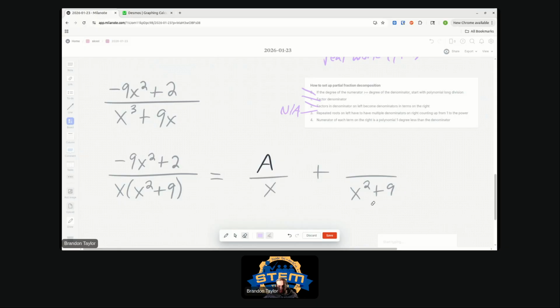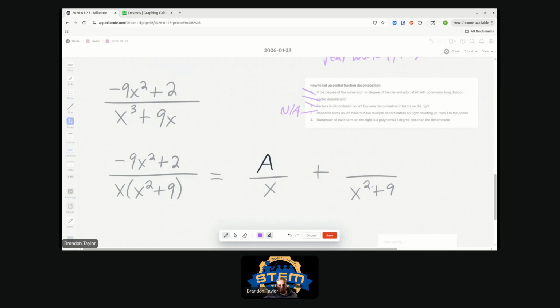And this one, what's this? A 2nd degree polynomial. So previously, we haven't really dealt with this before. Everything we've dealt with is like a 1st degree polynomial. This is the first time we're dealing with a 2nd degree polynomial in the denominator. That's not because it's a repeated root. Remember, that doesn't count. So the degree of this is 2.